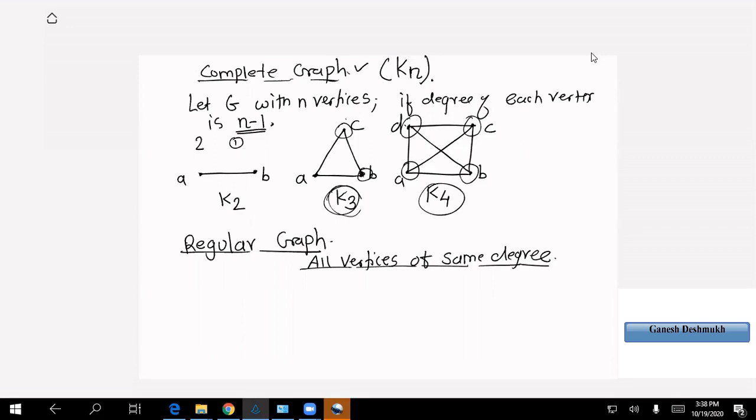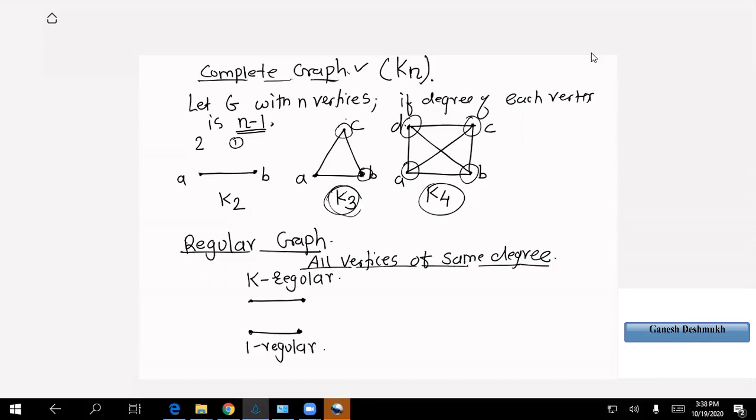And if the degree of each vertex is, suppose, k, then it's called a k-regular graph. Suppose I draw a graph on 4 vertices and the degree of each vertex is, let us say, 1. So your graph becomes like this. As the degree of each vertex is 1, I can call it a one-regular graph.